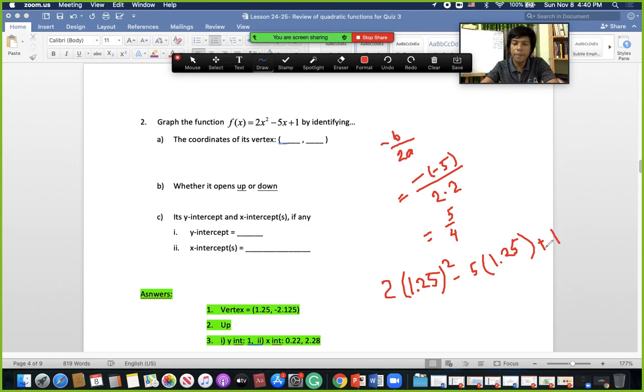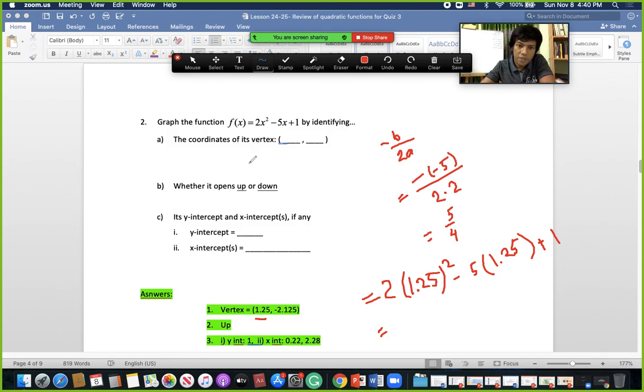This is what I meant by putting the x value back in the question. When we say put the x value back in the question, it means put the value in place of x and do the calculation in the calculator, or you can do it manually also. In this case, your answer will be minus 2.125. In the next line, if you do all this calculation, they are numbers, okay? So you will get it.